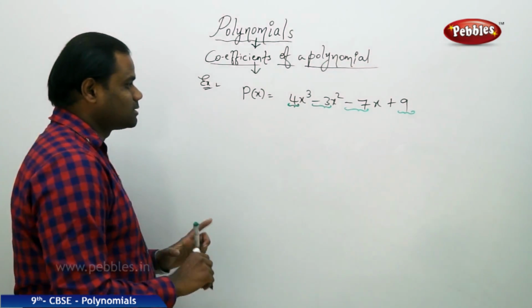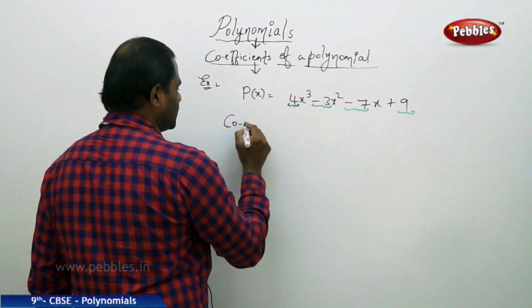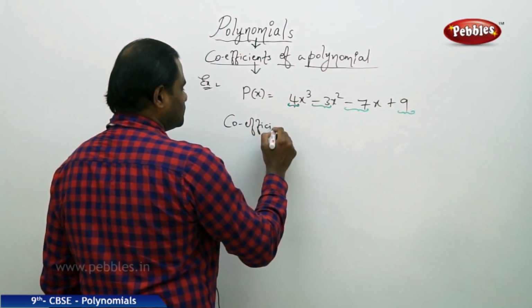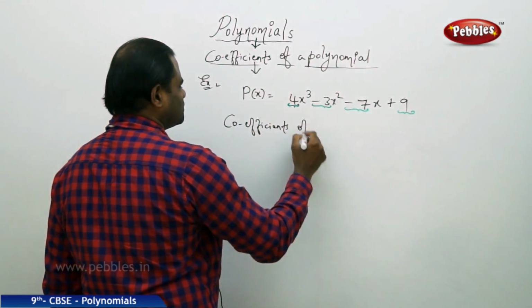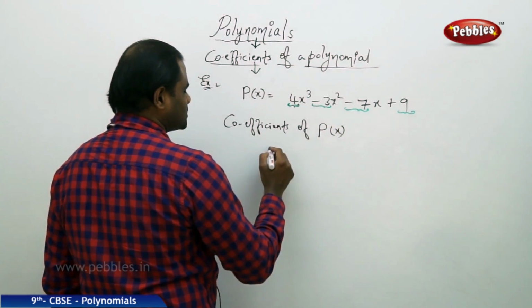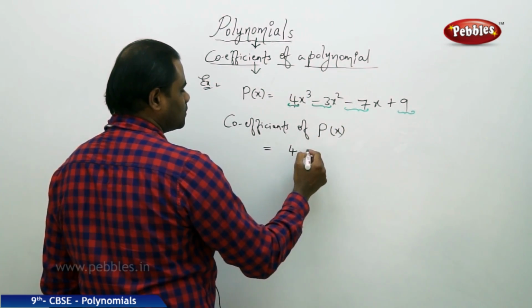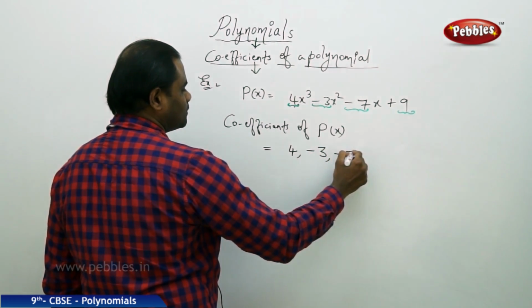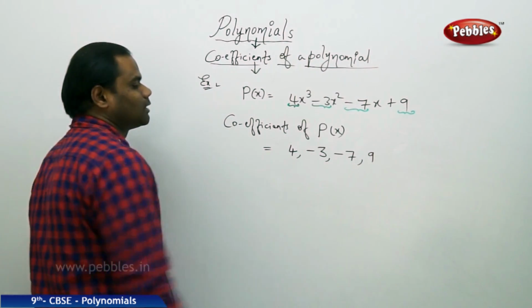Therefore, in this example problem, I identify that the coefficients of the polynomial p of x are 4, minus 3, minus 7 and 9.